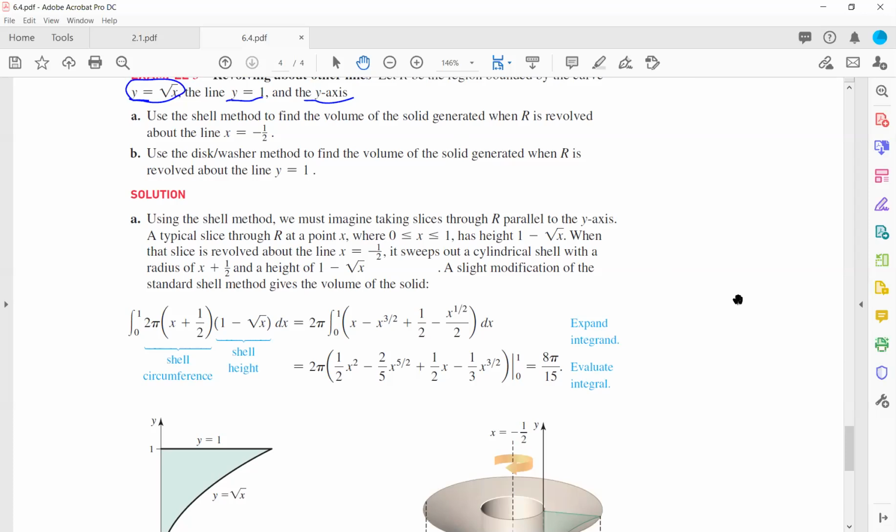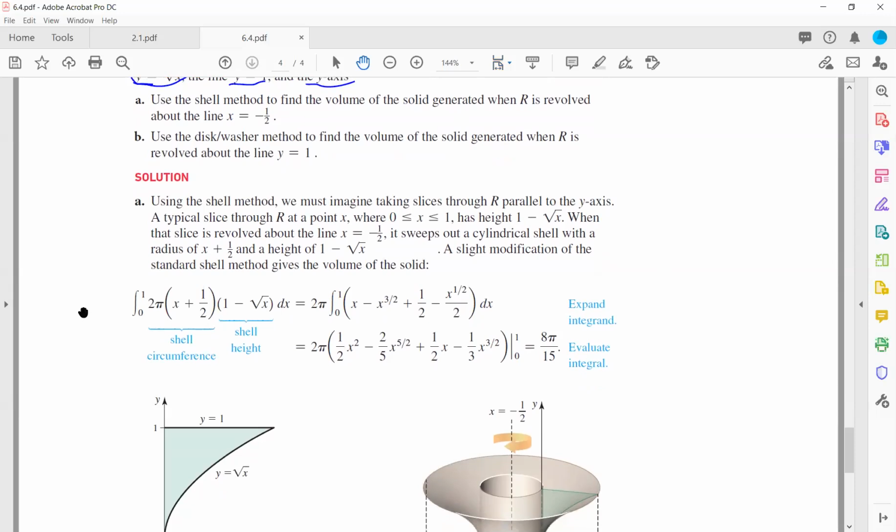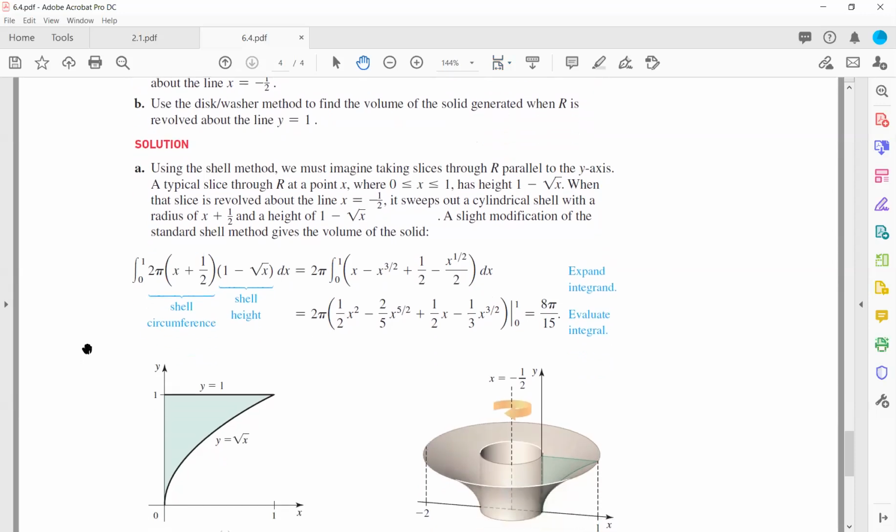Very well. So let us take a look at our region, then start revolving the region. This is the curve y equals the square root of x. Then you have y equals 1. If you set these two equal to each other, you see the intersection is at 1, so (1, 1). And this is your region, bounded between these two.